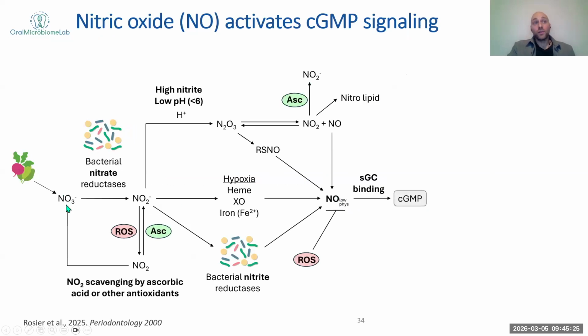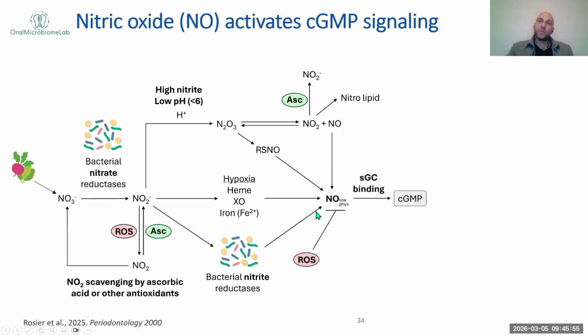Oral bacteria reduce nitrate to nitrite, and they can also further reduce nitrite to nitric oxide. Nitrate can also react with heme inside the body and form nitric oxide. And to go from nitrate to nitrite, antioxidants stimulate this pathway like vitamin C, while reactive oxygen species limit it and decrease nitric oxide's availability.